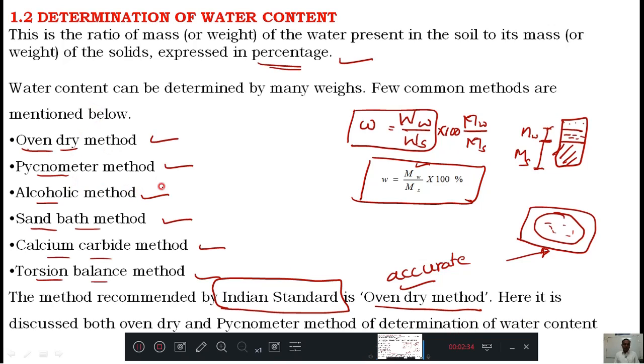Consider it as homework to find out how the alcohol method, the sand replacement method, and the calcium carbide and torsion balance methods are used to calculate the water content present in the soil. Here I am going to explain two methods, the oven dry method and the pycnometer method.